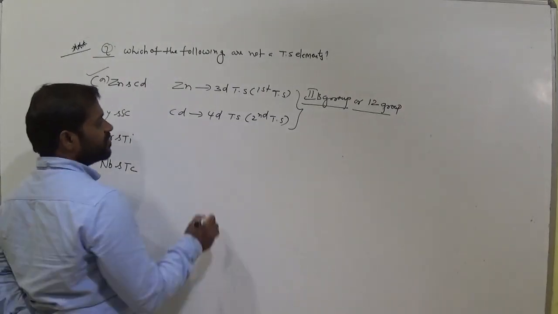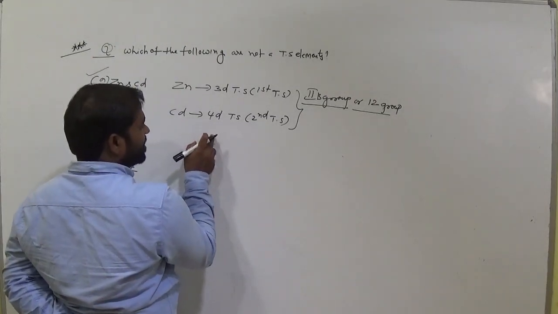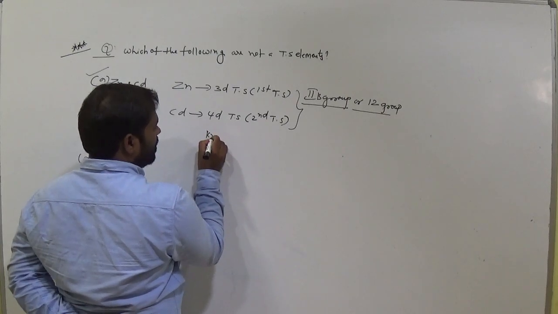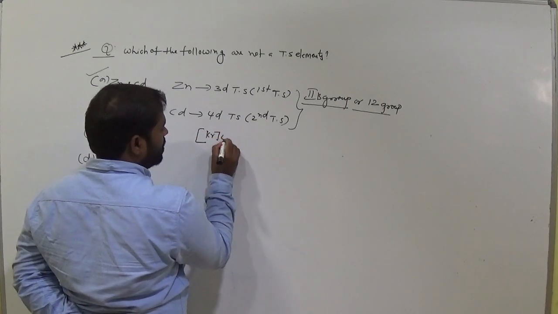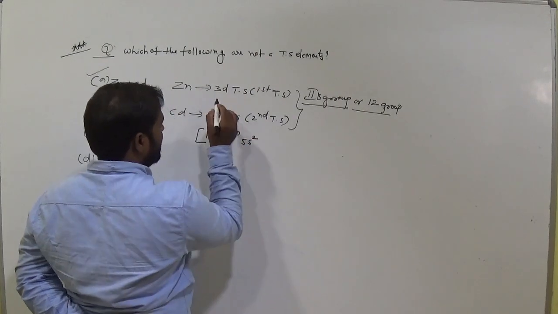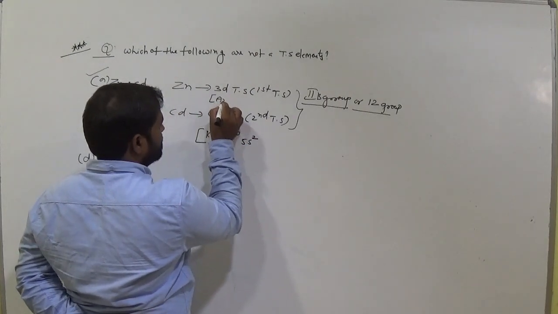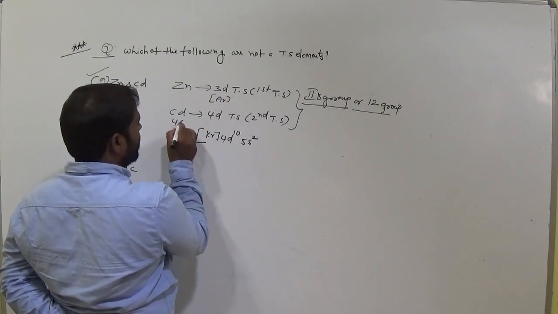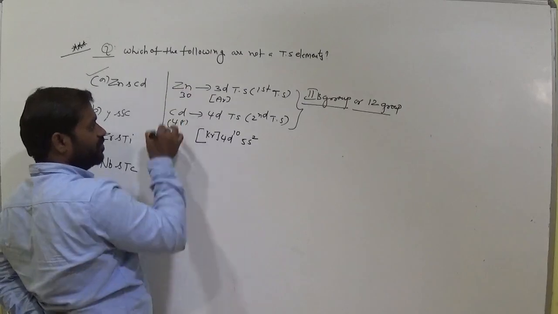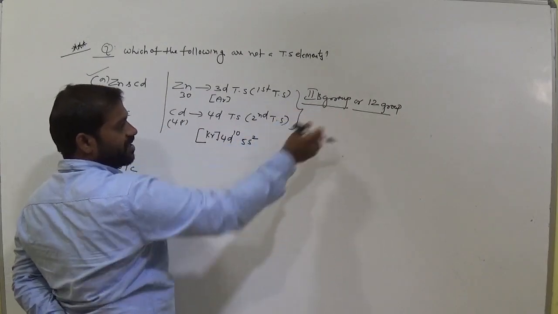Sir, what about the electronic configuration? Cadmium is krypton 4d10 5s2, here it is 48, and zinc is 30. These two belong to the same group, the second B or 12th group.